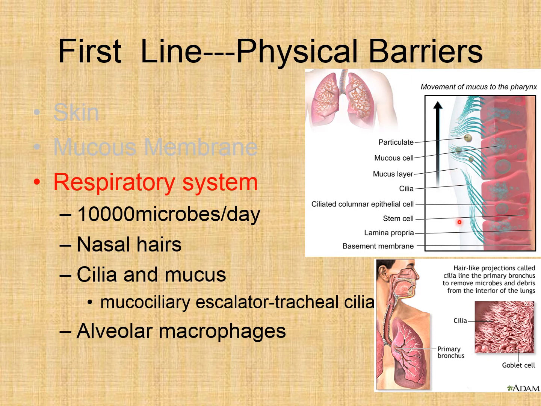This mucus layer traps the pathogens, dust particles, or pollens, and the cilia, with the help of their mucociliary movement, move the foreign material towards the pharynx, where it is removed by coughing or sneezing out of the host's body.